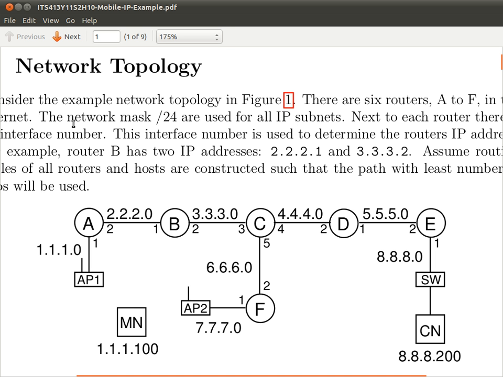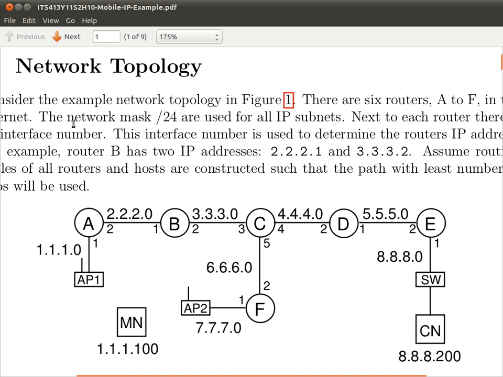Sending from mobile node to the correspondent node in that direction first. What's the source address of this packet? It's sent by the mobile node. The mobile node uses its home address as the source, 111.100.